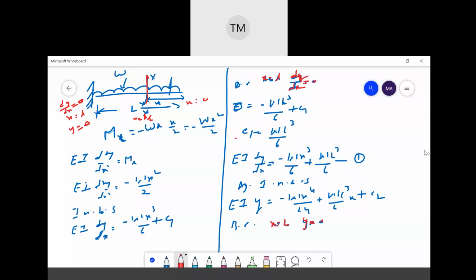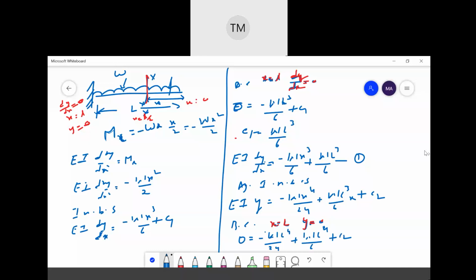So when you substitute here, the value of y as 0, then minus w L to the power 4 by 24 plus w L to the power of 4 by 6 plus C2.